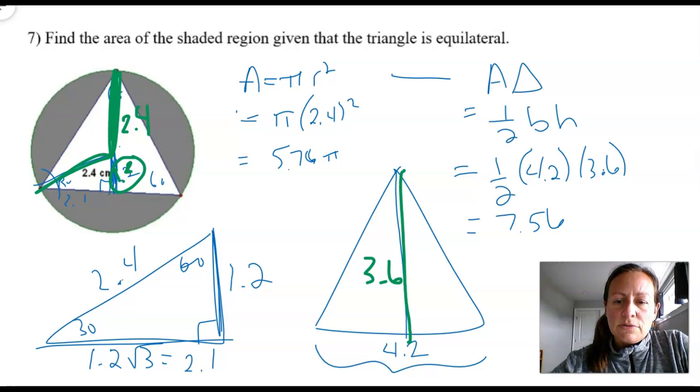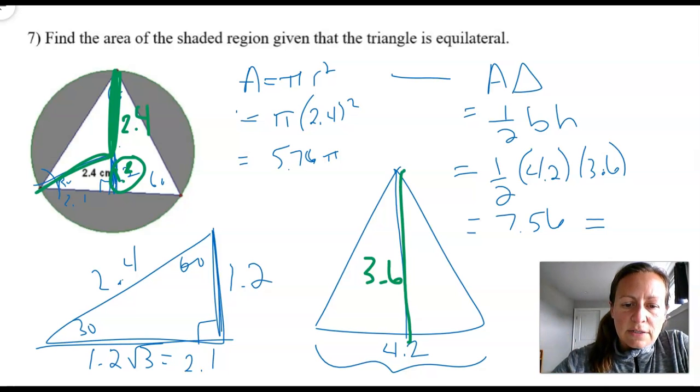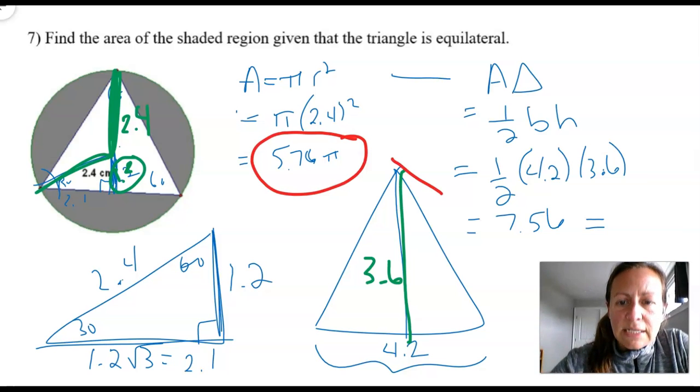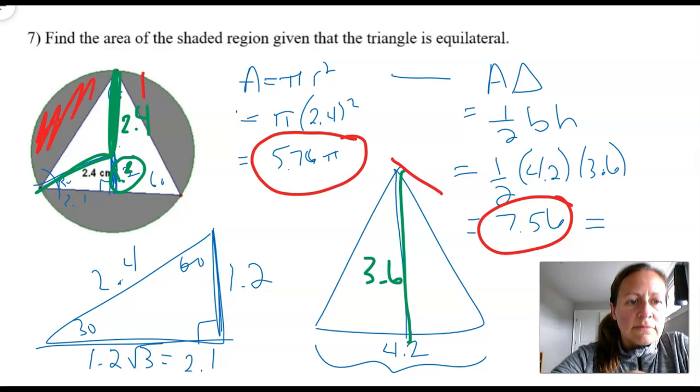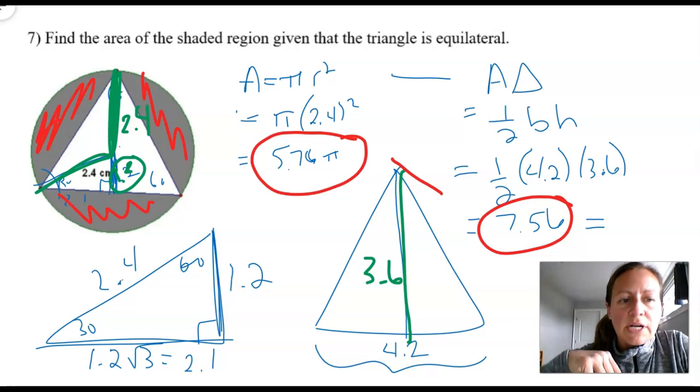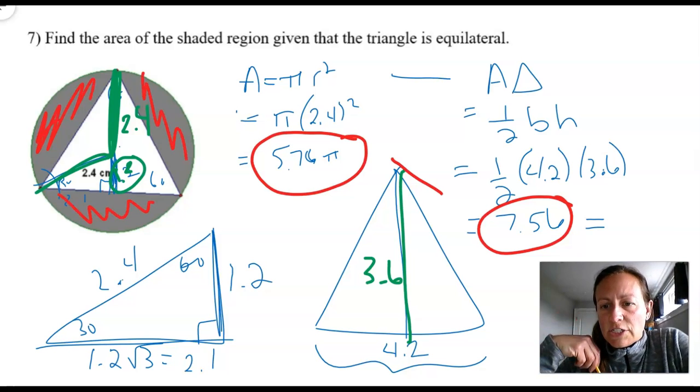Now I'm going to give my final answer right here, because I still need to put together two things. There's the circle minus the triangle to get the shaded region, right? If you cut out the triangle from the circle, you get the shaded region.